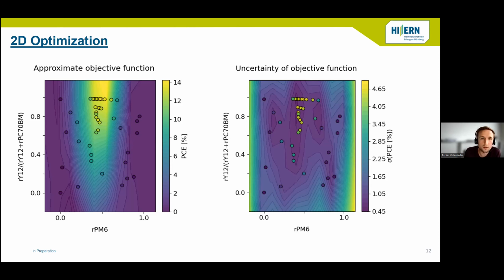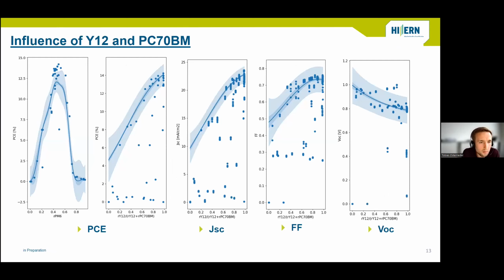Another way to look at those models is to see the influence of one parameter on the target function, and then we get something called a partial dependence plot. Here on the left side, this is the prediction for the PCE, and here we have the RPM6.